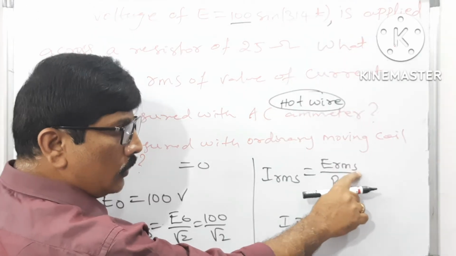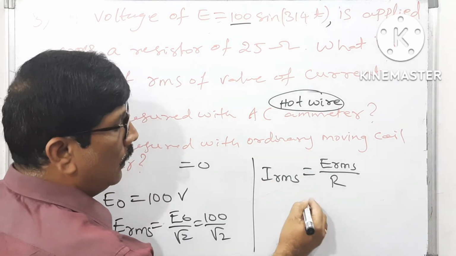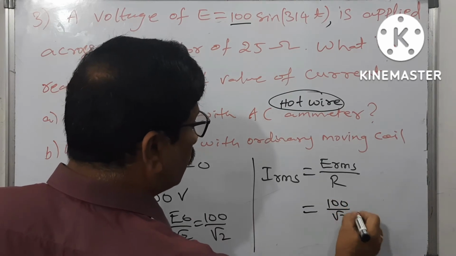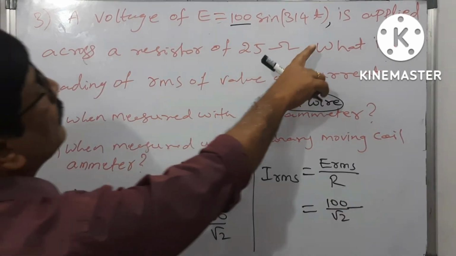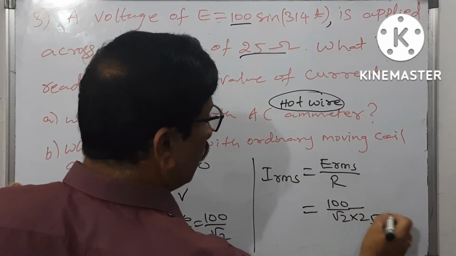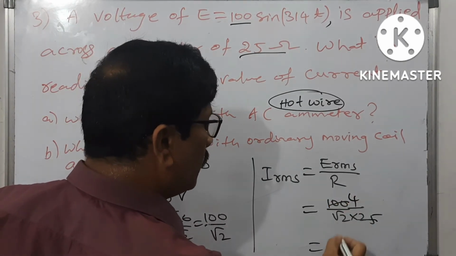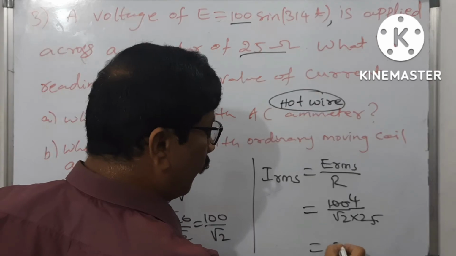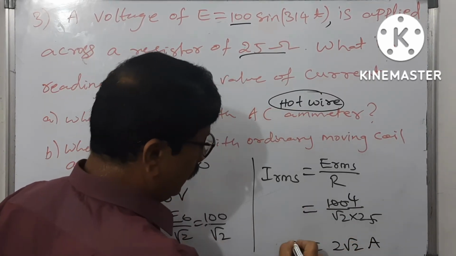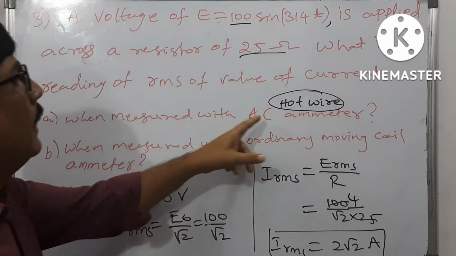So the root mean square value of the electromotive force divided by the resistance will give you the current. E RMS is 100 by root 2, divided by the resistance, 25 ohms. 25 fours are 100, so 4 by root 2, definitely you will get 2 root 2 amperes. This is I RMS, the RMS value of the current when measured with an AC ammeter.